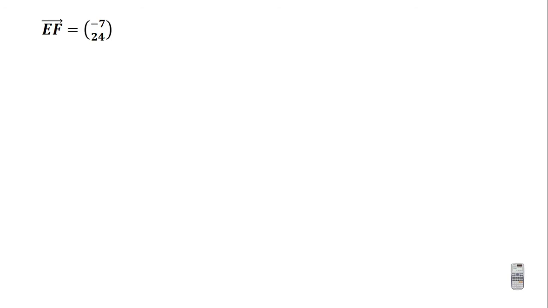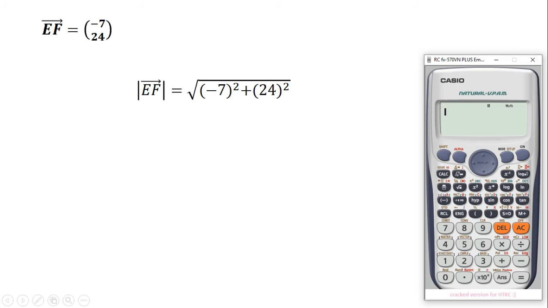Vector EF, and it's (-7, 24). So here what we do is that the magnitude of vector EF is equal to square root of, because 7 is negative, put the negative number in a bracket. So you are going to have square root of, you bring your bracket, so (-7), then you square it, plus 24 is positive.